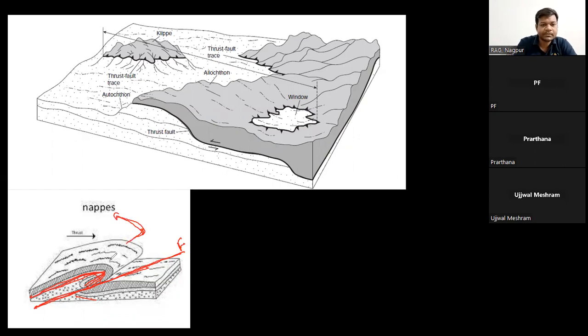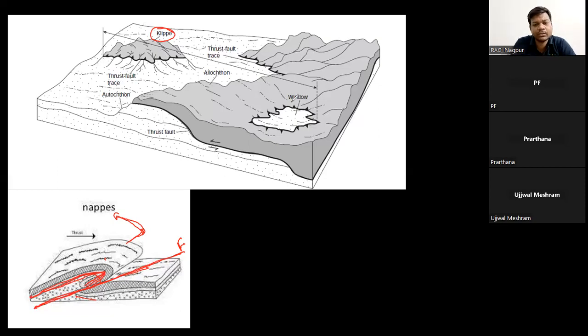When these kinds of nappe structures get eroded, it will be called a klippe structure.